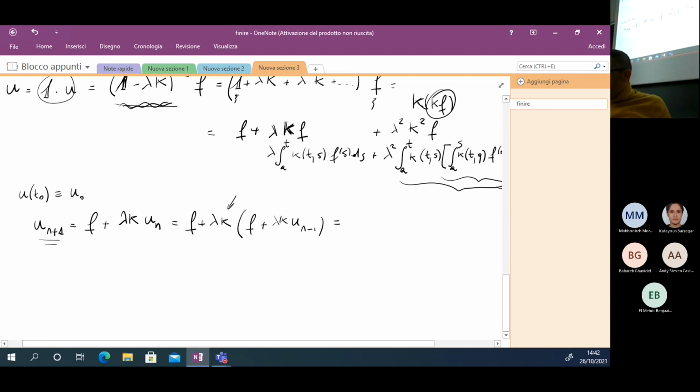Actually, you can rewrite this in another way. You can write this as f plus the sum from 1 to n of lambda j kappa j applied to f.